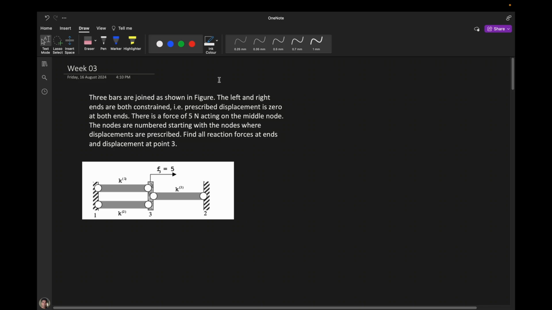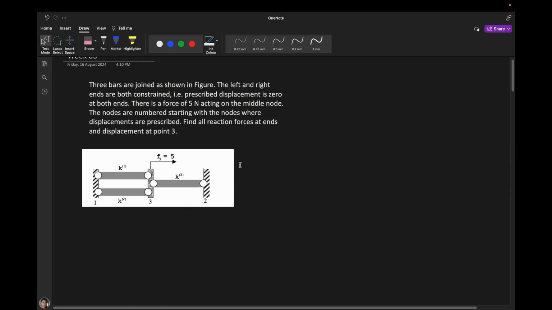So here in this problem, it is saying there are three bars: bar one, two, three, and it has also given three joints, one, two, three. It is saying find all the reaction forces at the ends and the displacement at point three.